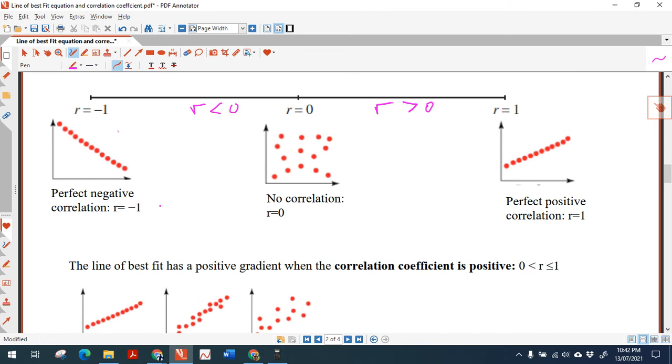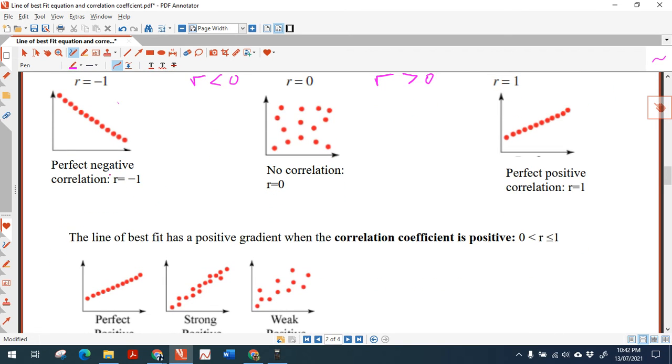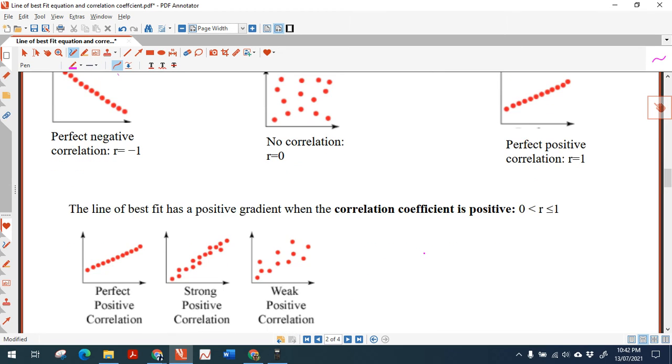Now, what are some things we can say? Well, the line of best fit has a positive gradient when the correlation coefficient is positive. So all of these scatter plots here will have an R value which is positive. So that means an R value which is less than or equal to 1 but bigger than 0.